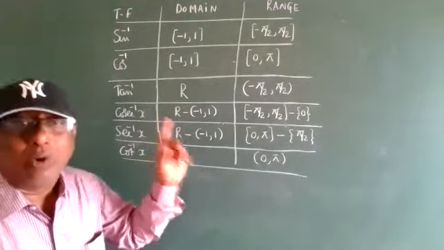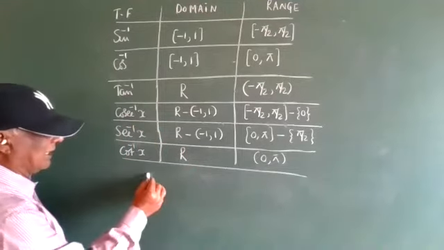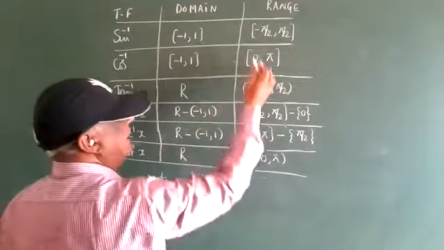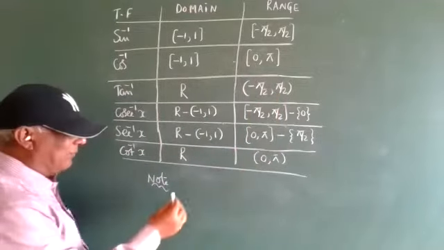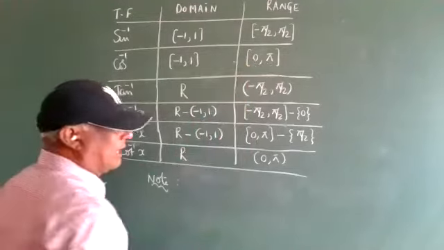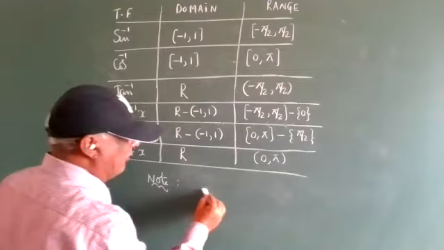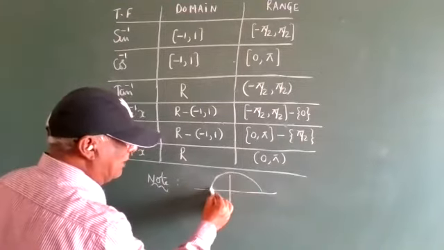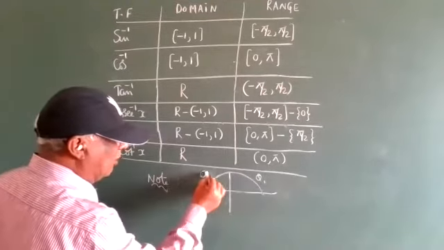Here is the minus 90, and minus 90 means first quadrant is defining, and second quadrant also defining. So third quadrant and fourth quadrant are never defined.